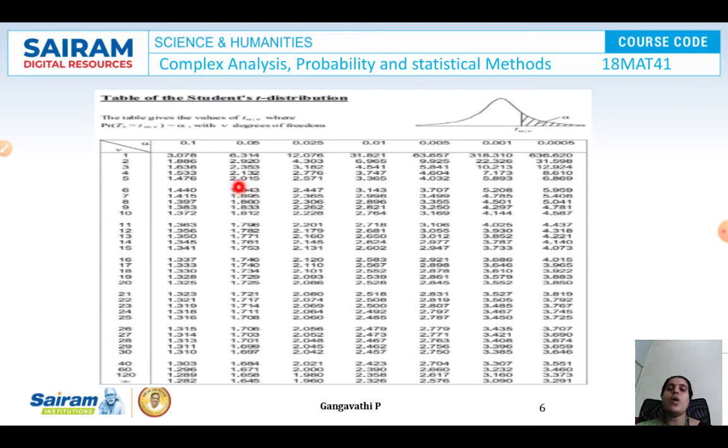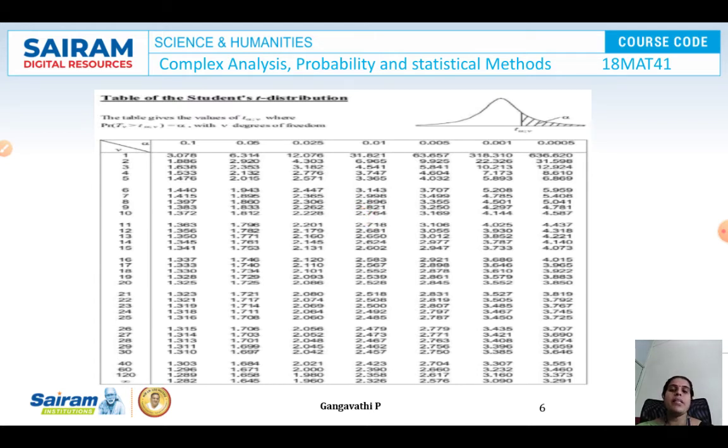The value of t from the table is 2.015 at degree of freedom 5. If the degree of freedom is 10, then at 5% level of significance it is 1.812. Likewise, for the same degree of freedom 5 at 1% level of significance it is 3.365. For 10 degrees of freedom at 1% level of significance, the value is 2.764.